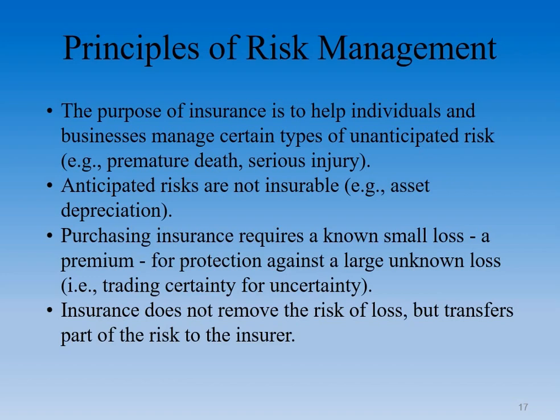Purchasing insurance requires a known small loss, a premium, for protection against a large unknown loss. For example, trading certainty for uncertainty. And insurance does not remove the risk of loss, but transfers part of the risk to the insurer.